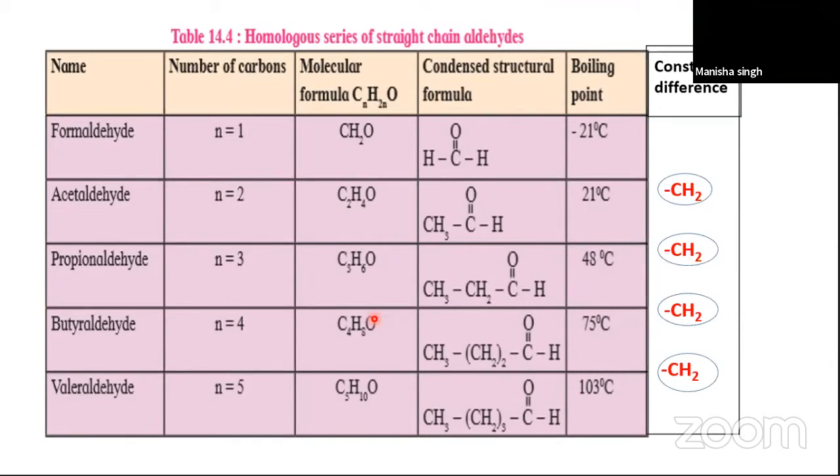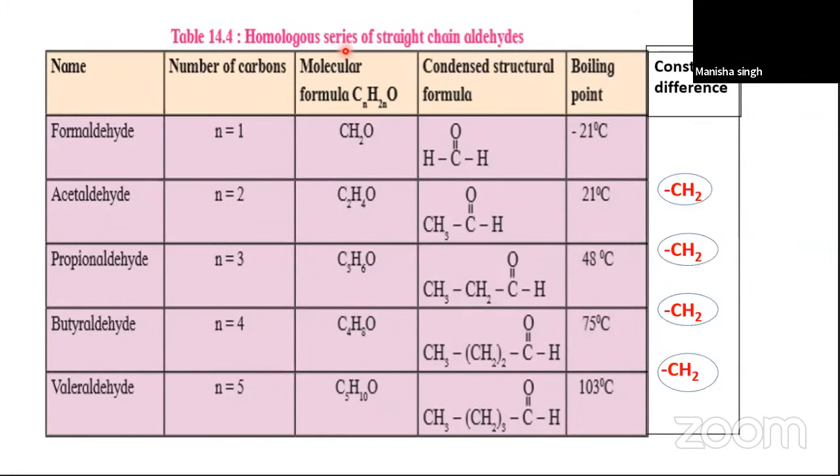Now, one more term is there, homologous series. Now, what is this homologous series? When the compounds having same functional group and same general formula are kept one below the other, then we can observe some properties.